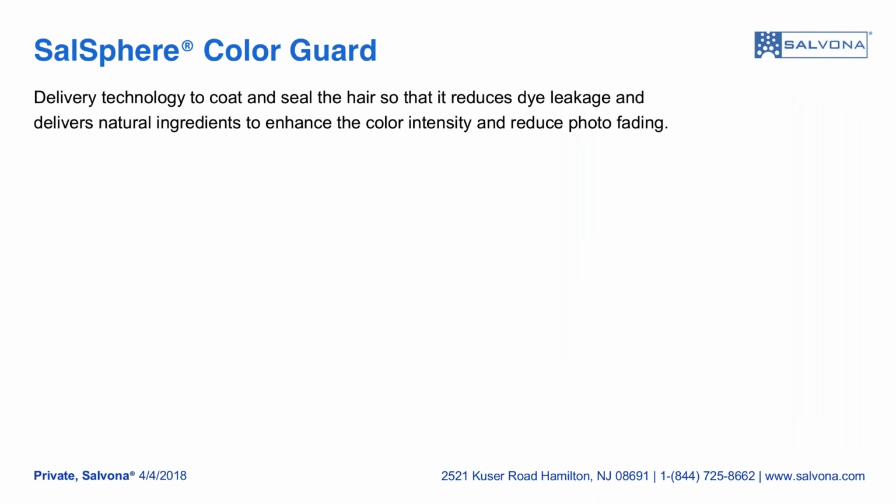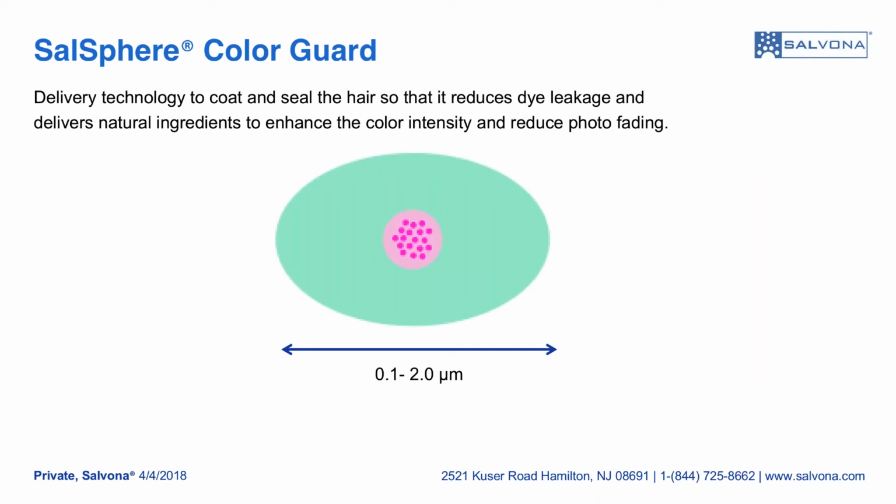What is the technology? SalSphere Color Guard is a delivery technology that coats and seals the hair, so it reduces the dye leakage and delivers natural ingredients to enhance the color intensity and reduce photoaging. What is the structure?